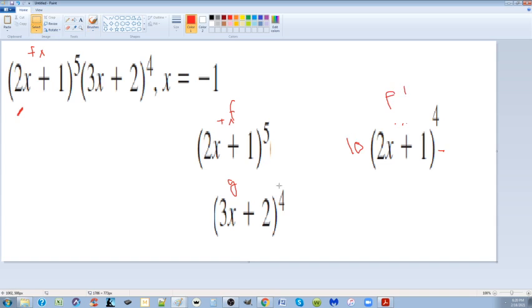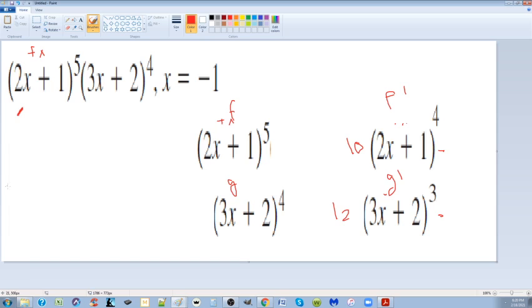The chain rule for this one says 4 goes in front times that, which now becomes the power of 3, times the derivative of the inside of the brackets. What's the derivative of this thing? 3. What's 3 times 4? 12. So I can just rewrite this up front as 12. And that is the derivative of g.